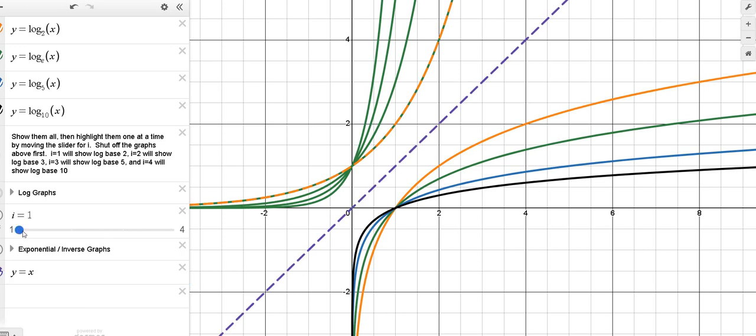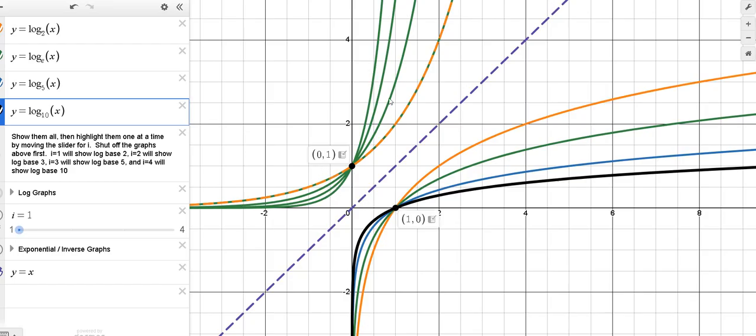So you can see that each of these graphs has kind of a reflection on the opposite side of this line. Now, the graph, the exponential, always passes through 0, 1. What do you think the graph of the logarithm is always going to have to pass through? 1, 0. All those are going to pass through 1, 0.